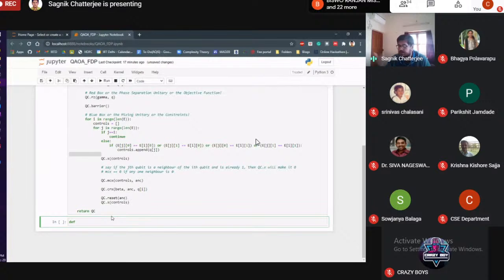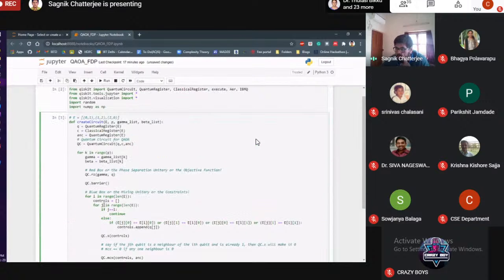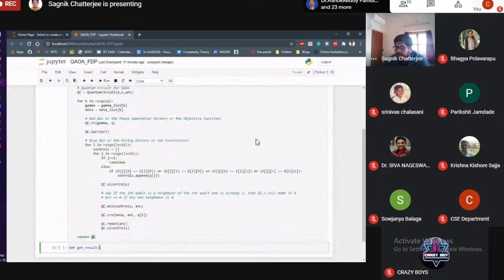We can actually do this without writing a function, but I want to show you multiple instances of what happens when we are having just one layer or three layers or different graphs. So I'm just writing the results. Define get_result. This quantum circuit that we are outputting from the create circuit function, we will be passing this as an argument in the get_result function.